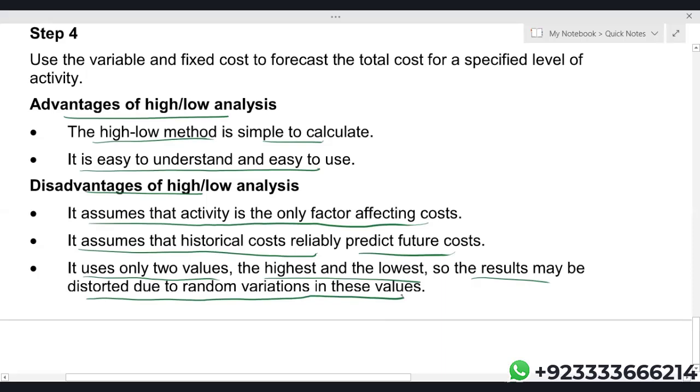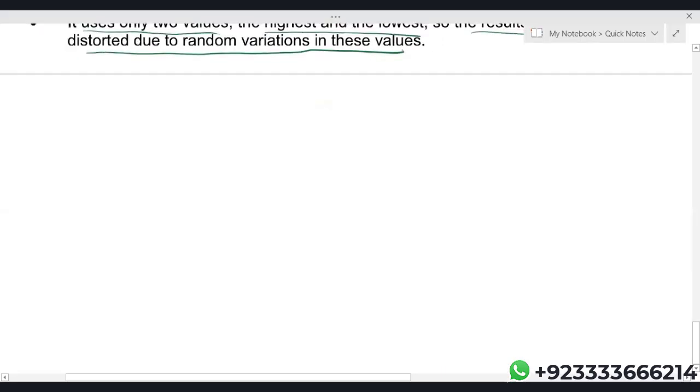Okay, now let's discuss the extremely important area of this chapter, and obviously the rest of the areas we have to discuss as well. That is learning curves. Now, what do you mean by learning curve? It's very simple.